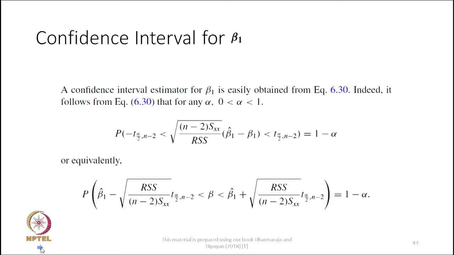Using that equation, you can get the probability that square root of n minus 2 times S xx divided by residual sum of squares, multiplied by beta 1 cap minus beta 1, lies between the t distribution with n minus 2 degrees of freedom with the minus sign and the plus sign. That probability is going to be 1 minus alpha. This is for any alpha.